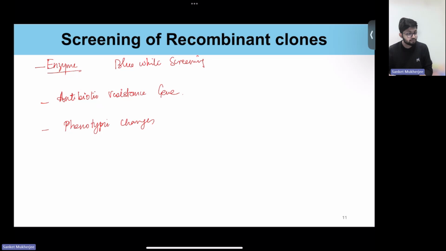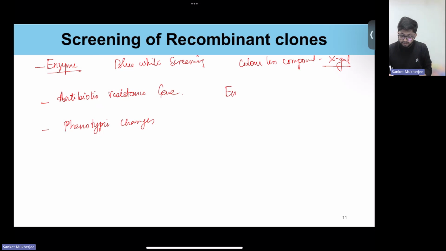So talking about the enzyme, there's a colorless compound which is called X-gal. This is the principle of blue-white screening. It is 5-bromo-4-chloro-3-indolyl beta-D-galactoside.